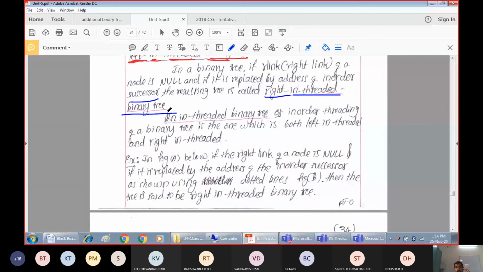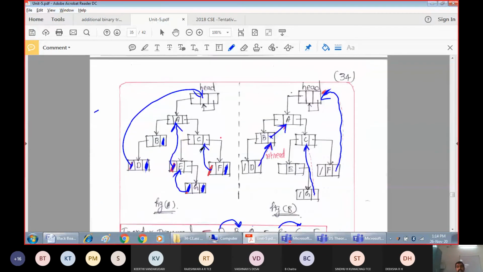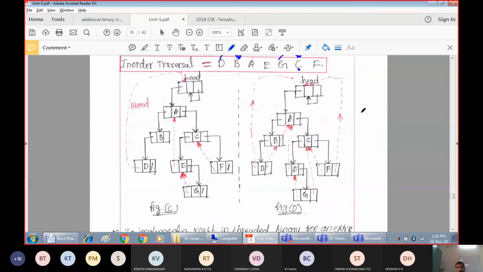The combination of the two, an in threaded binary tree, or in order threading of the binary tree, is the one which is both left in threaded and right in threaded. A combination of the two, which is both left in threaded and right in threaded, is called an in threaded binary tree. So here is figure D, which is a combination of both.